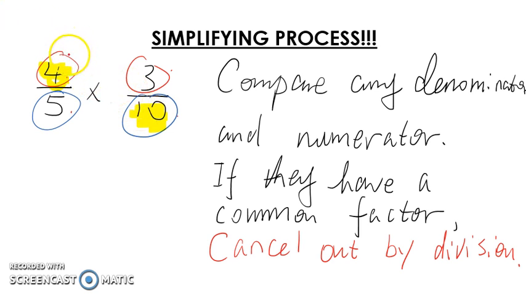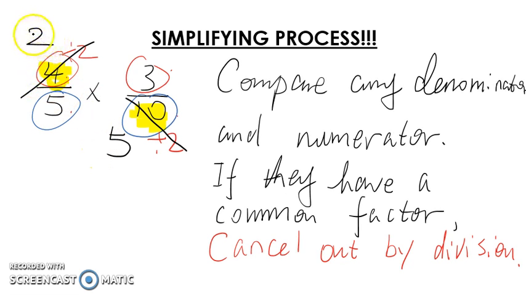So we can divide 4 by 2, which equals 2, and we can divide 10 by 2, which equals 5. With the numbers that are left, 2 times 3 equals 6, and 5 times 5 equals 25.